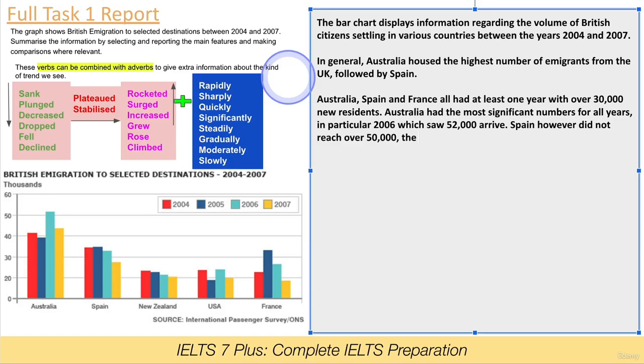The most striking years were almost equal. And we've got 2004 and 2005 here.